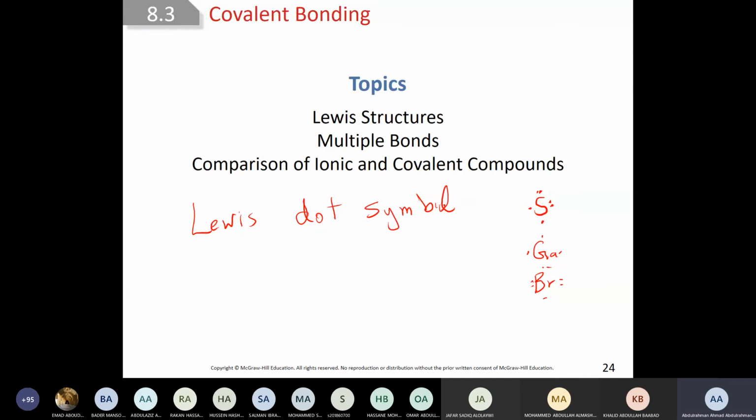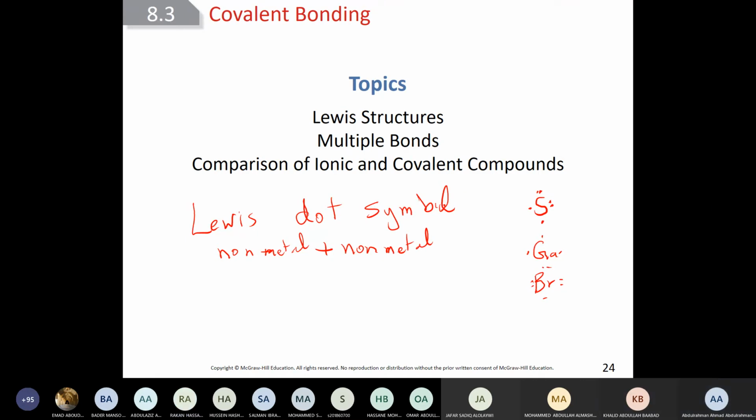Is this clear? Now, when non-metal plus non-metal come together, what do we call this bond? Ionic?